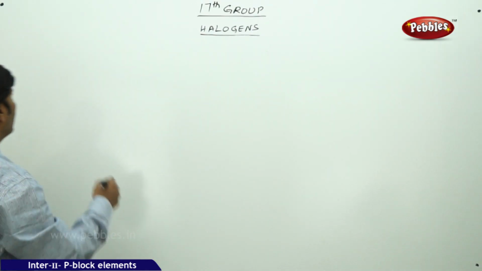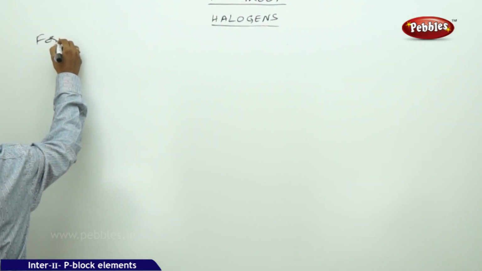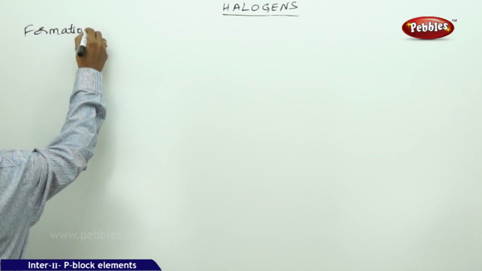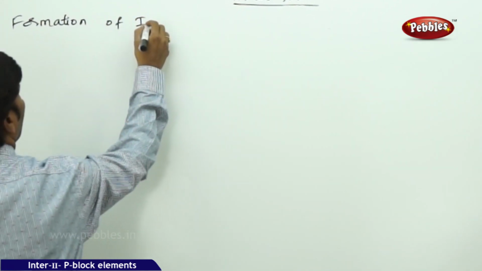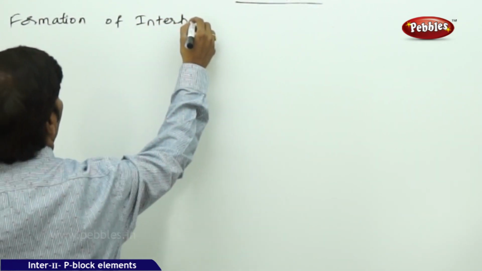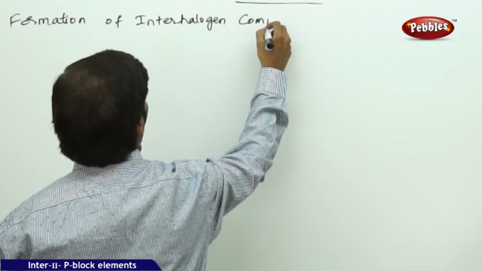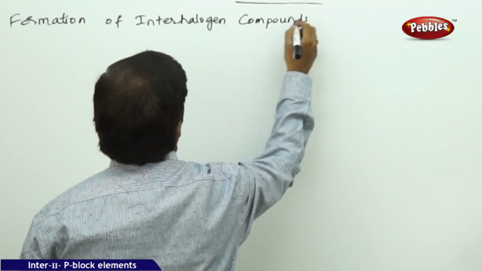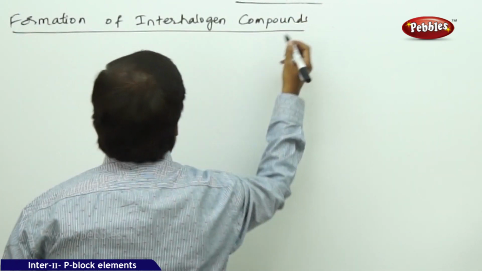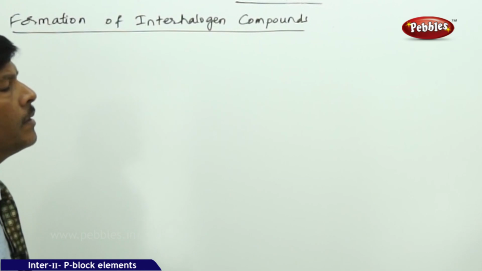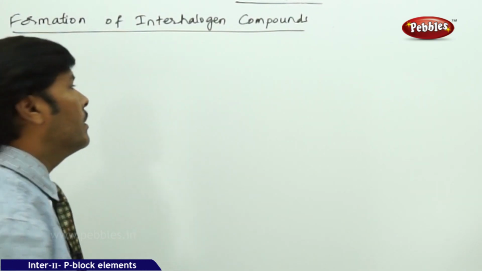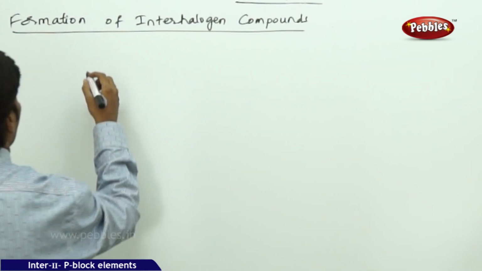So the next part of the discussion is the formation of interhalogen compounds. So I can take here something like XY.